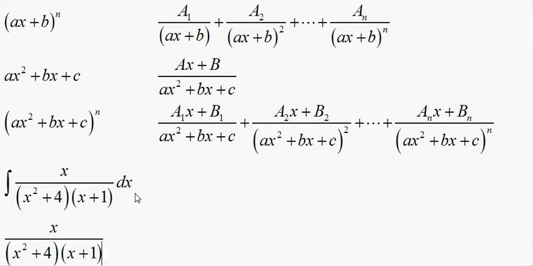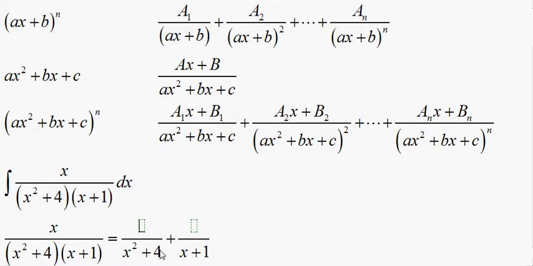We first break it up into its partial fractions. But the question is, what do we put in each denominator? We put each factor in the denominator. X plus 1, and this one on the right is a constant. But what's this one on the left?